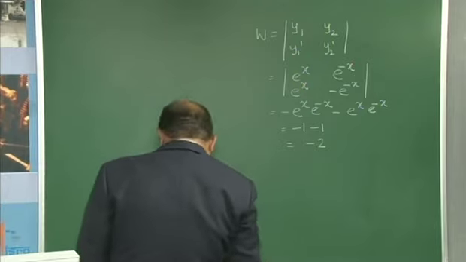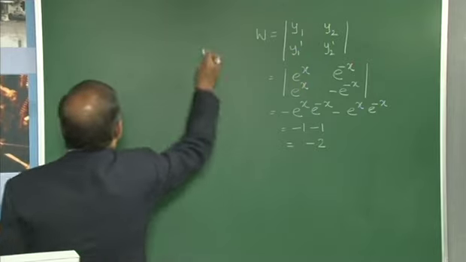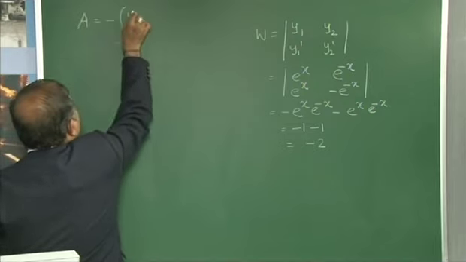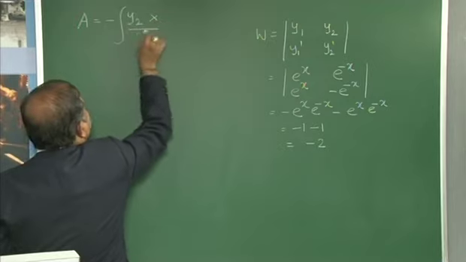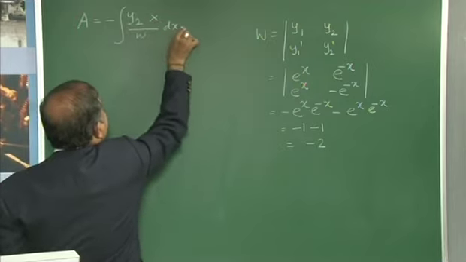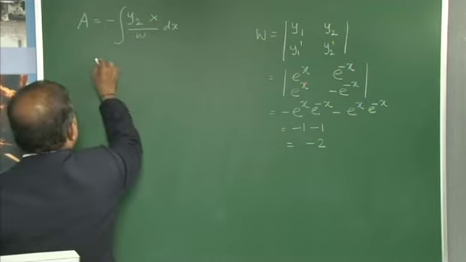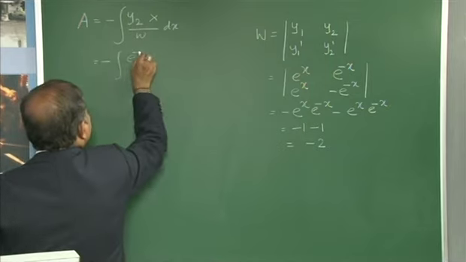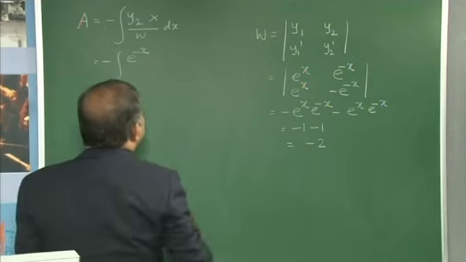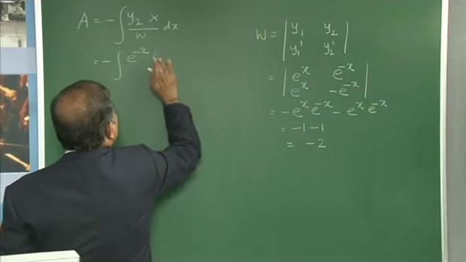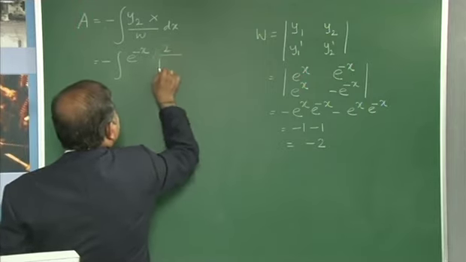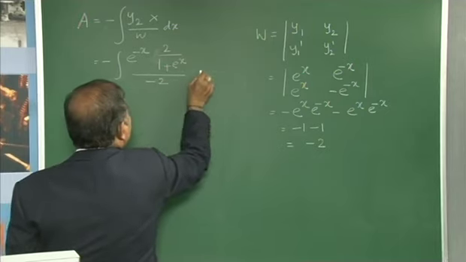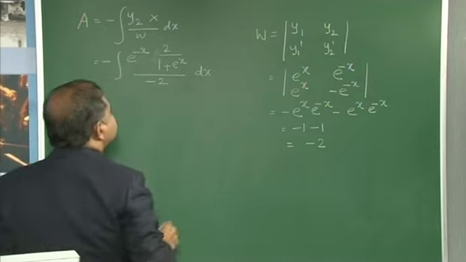By adding and subtracting itself, you will get the solution. Follow this carefully. Integral y2 capital X by W dx, that is equal to minus integral, what is your y2? e power minus x, capital X is 2 by 1 plus e power x, by W which is minus 2.